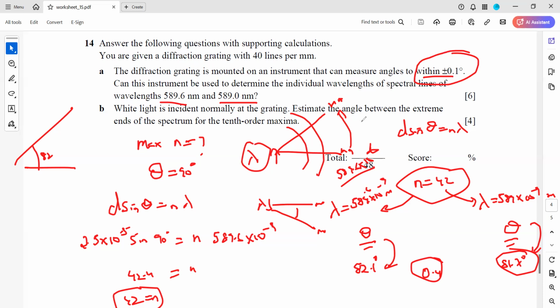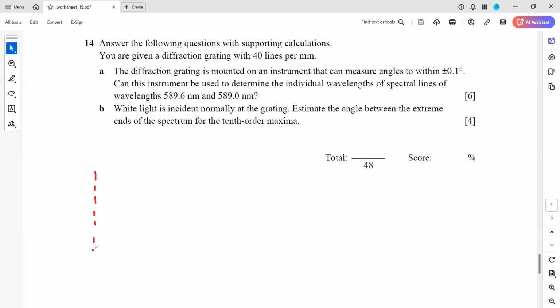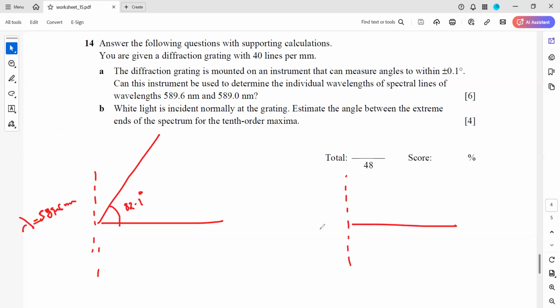So in short, if we are using a diffraction grating and we use the wavelength 589.6 nanometer, the angle from the central maxima to the maximum order image was 82.1 degrees. Then with the same instrument and a different wavelength, 589 nanometer, which is also diffracted, the angle is about 81.7 degrees. This instrument can measure up to 0.1 degree accurately.